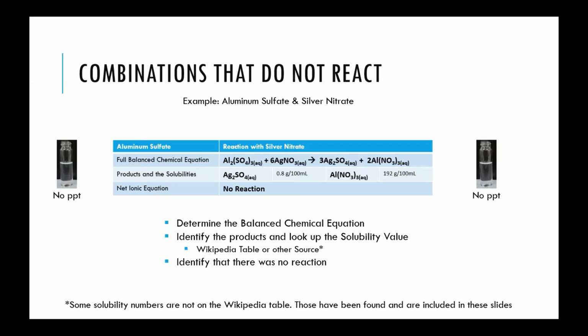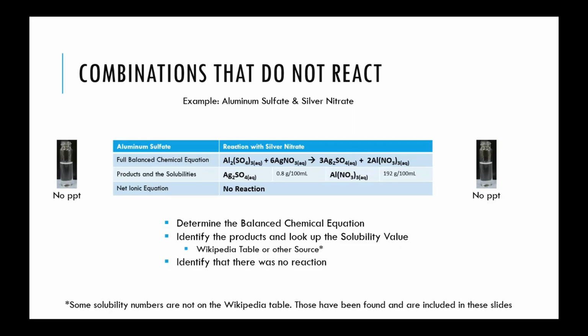There will also be combinations that do not react. One combination that does not react is aluminum sulfate and silver nitrate. You still are going to be recording and balancing the full balanced chemical equation. In this case, one aluminum sulfate will react with 6 silver nitrates to give 3 silver sulfates and 2 aluminum nitrates. Under the conditions in the video, there was no reaction.